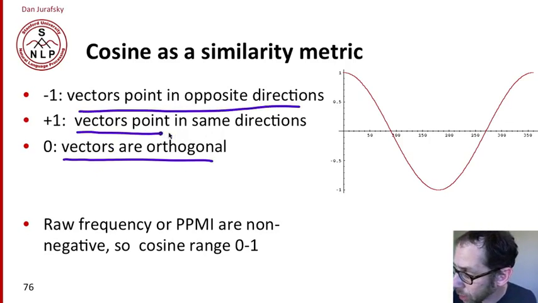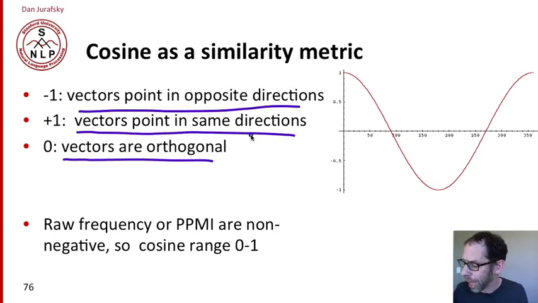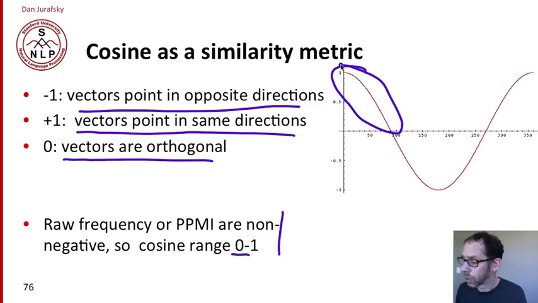If they point in the same direction, they'll have a cosine of +1. And it turns out that raw frequency or PPMI are non-negative. They're always 0 or greater. So that means that the cosine range is always 0 to 1. We're always on this part of the slope. So cosine as a similarity metric, if we use PPMI weighted counts, or raw frequency for that matter, we're going to get a number between 0 and 1.